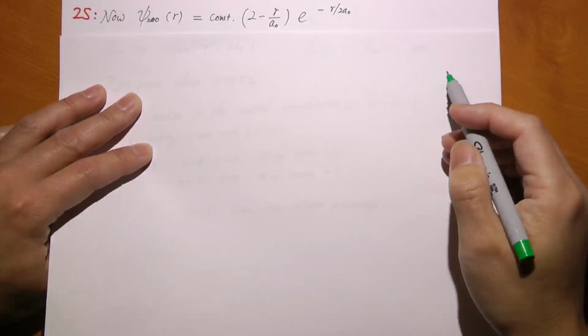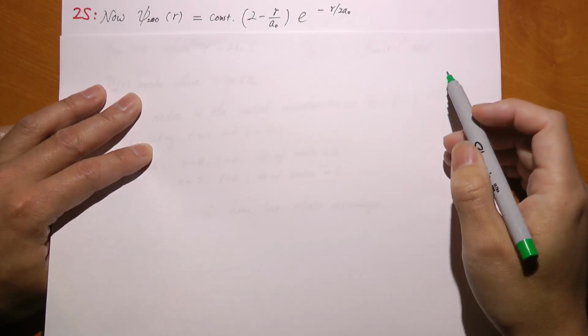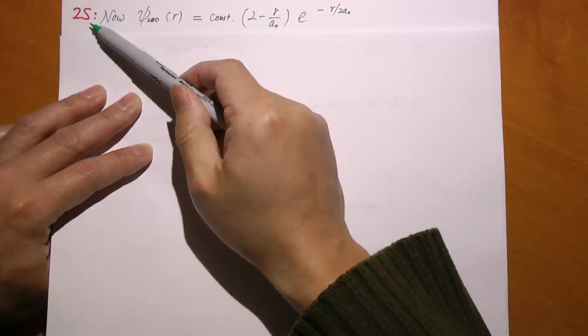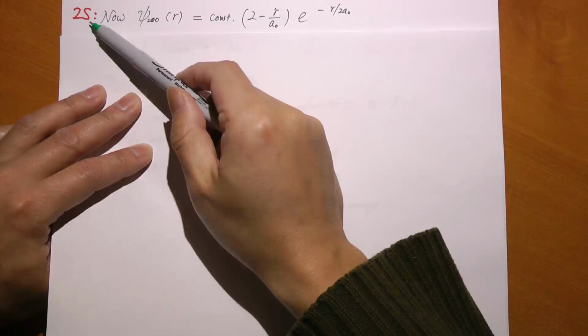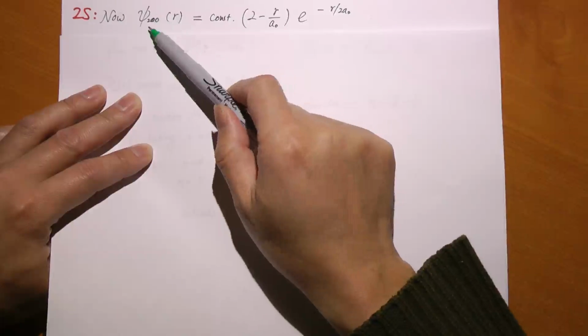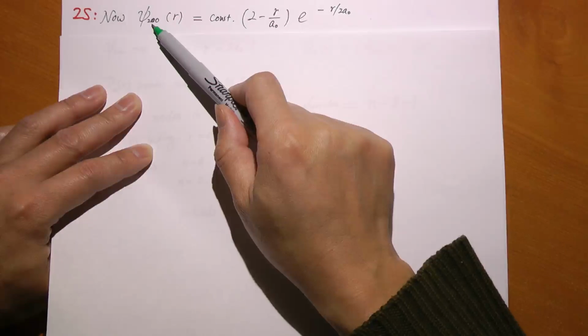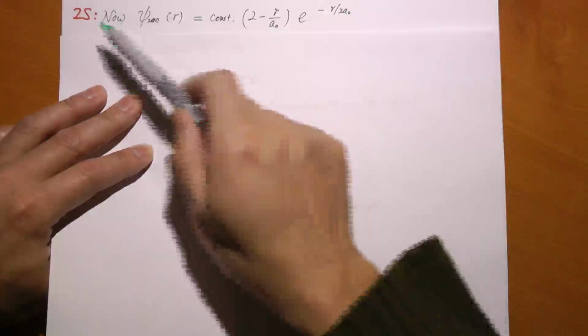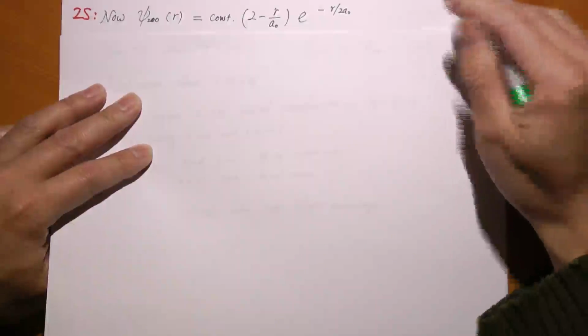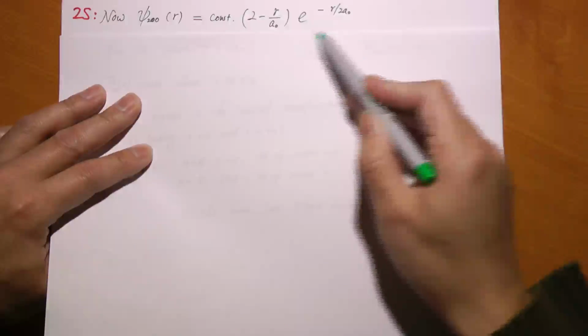Now let's take a look at the next level, the first excited level, n equal to 2. And we have 2s or 2p. First, let's take a look at 2s. For 2s, you have psi n l m, n equal to 2, l equal to 0, I'm sorry, that's the s state, and m also equal to 0, so it's 2, 0, 0. And here is the radial part of the wave function.